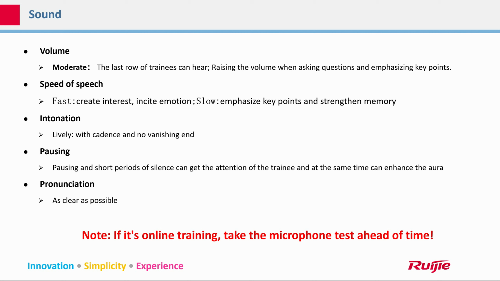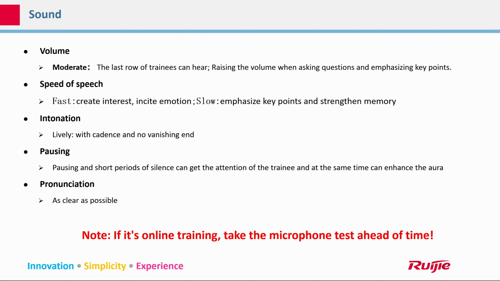Because if the speed is normal and you suddenly slow down, it can catch their attention, and when their attention is focused, you can share some key points and strengthen their memory.